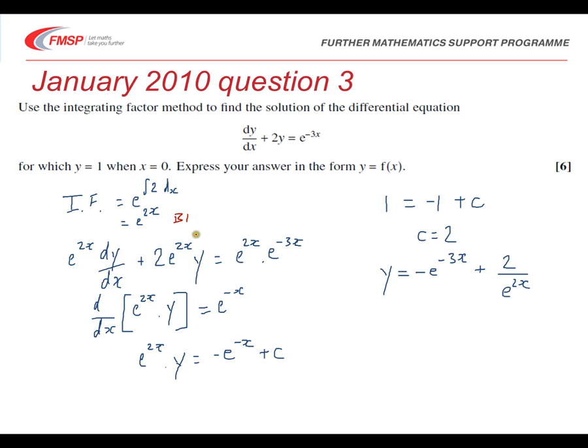You would then get a method mark and an answer mark for applying the integrating factor correctly here, and then an accuracy mark for the integration itself, a method mark for the substitution, and another accuracy mark for the correct value of 2, and then a final accuracy mark, an easy one to miss, but it does say expressing in the form y equals f of x here, for writing it out with y on the left hand side. So that's the integrating factor method.